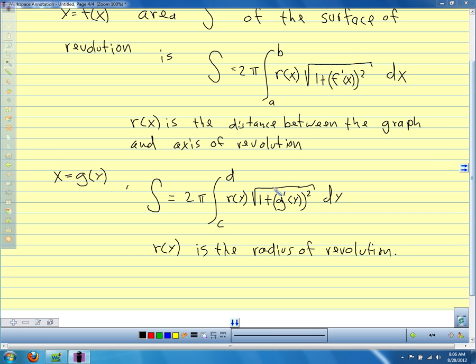If you switch it around, say you were revolving natural log of x and want to make it a function of y, then you just have to keep that in mind when figuring out your radius. So your radius has to be a function of the variable you're integrating with respect to.